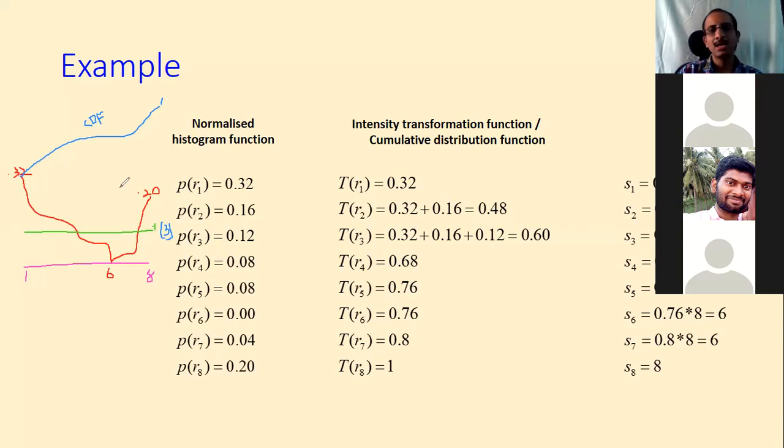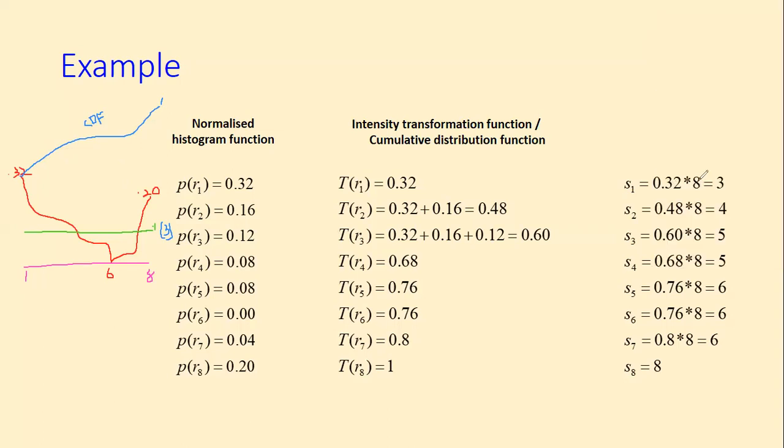Yes, sir. So that can be done conveniently through a mathematical trick, by simply multiplying the cumulative distribution function with the maximum gray level in the image. If 255 is the maximum gray level and I multiply the cumulative histogram by 255, what will happen?